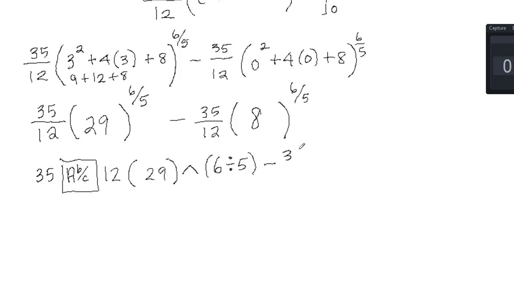Subtract 35, fraction key, 12, parentheses 8, caret key, parentheses 6 divided by 5.